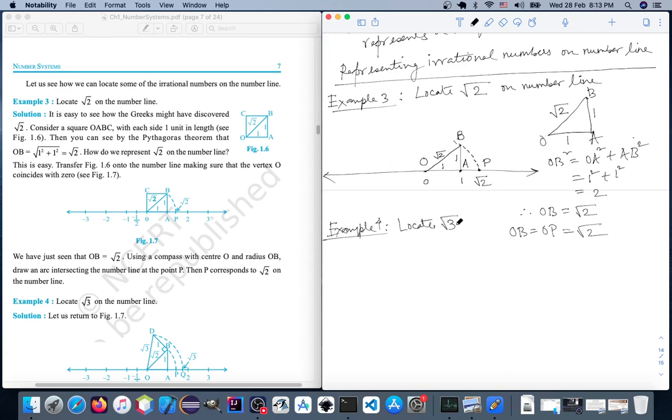The method is the same. The concept is how do we get root 3?